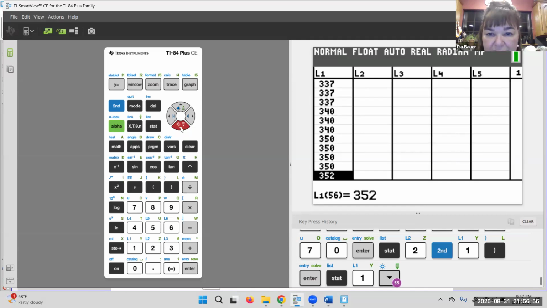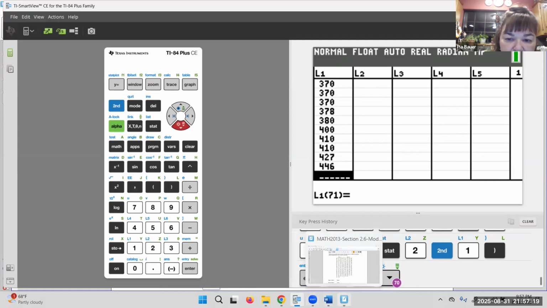Looking for something that repeats more than 7 times. That's it. So then that means the mode is 337.